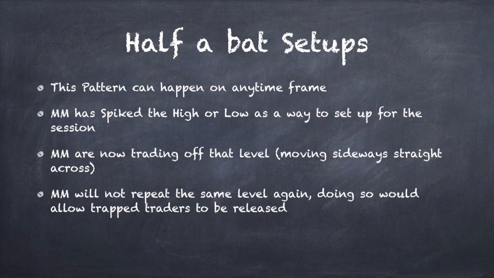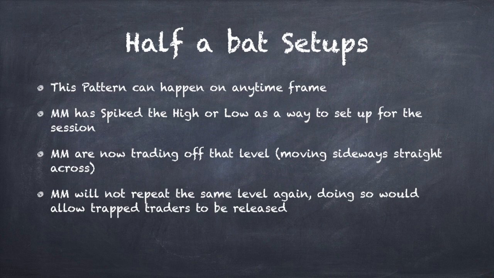What makes this pattern very distinctive is that there is a spike up to make the first leg of an M, then they come back down and move straight sideways. They don't consolidate, and they don't move down like a normal M pattern would. I'll show you plenty of examples so you know exactly what to look for.